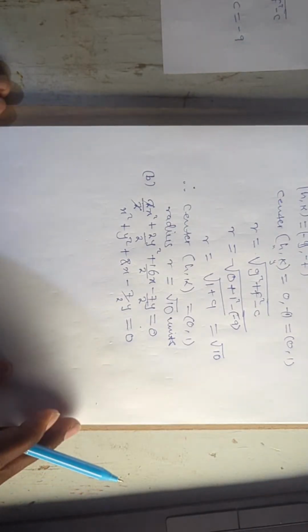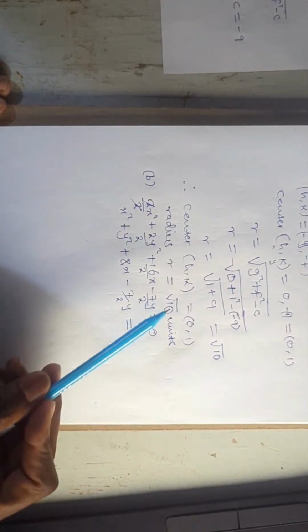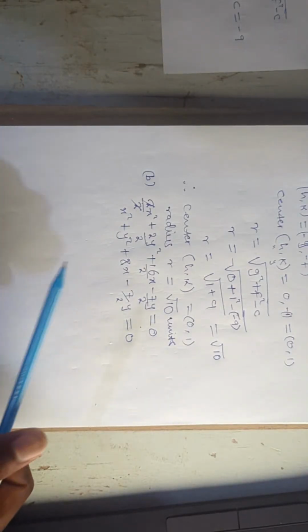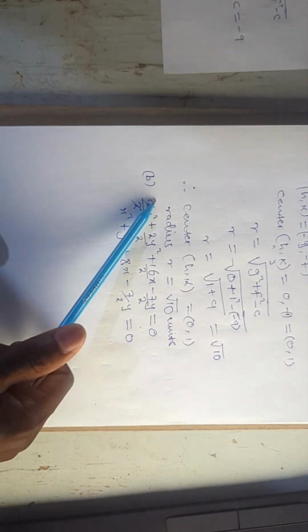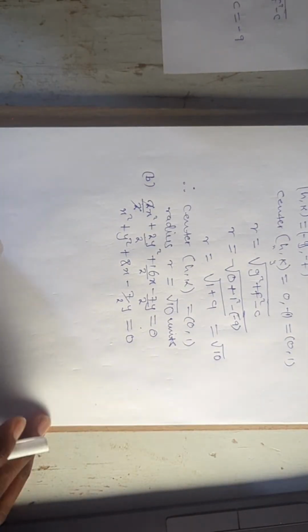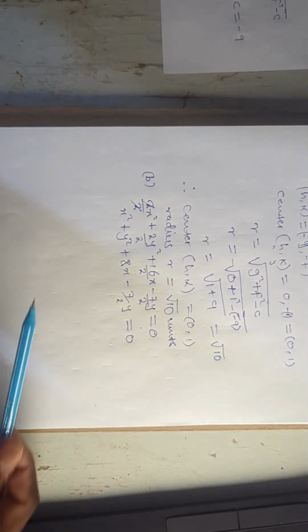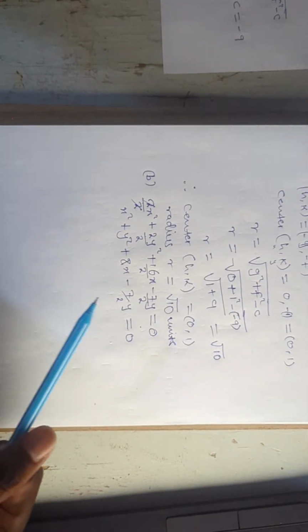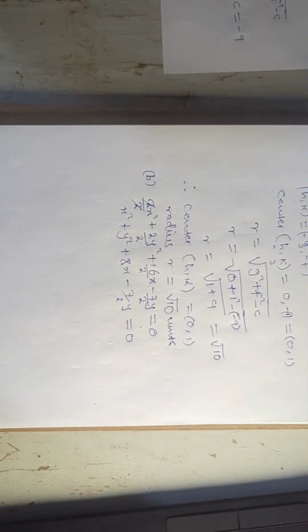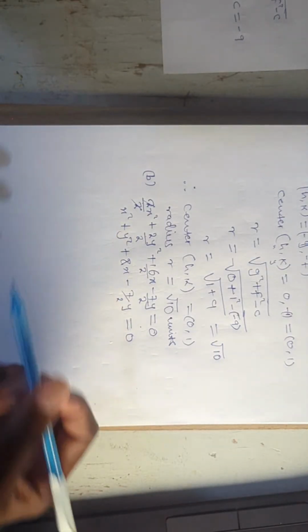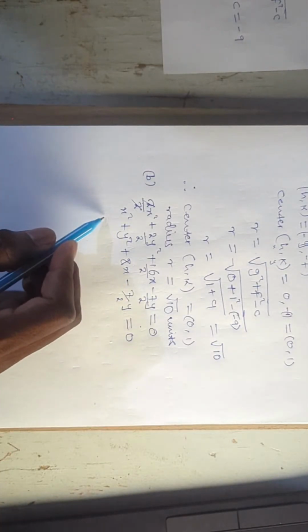Yeah, so what I was saying, in a case where a question has come in this way, if a question is having some coefficients before the x squared and the y squared, always make sure that your equation looks like the standard equation.